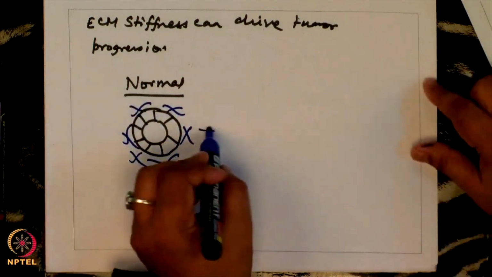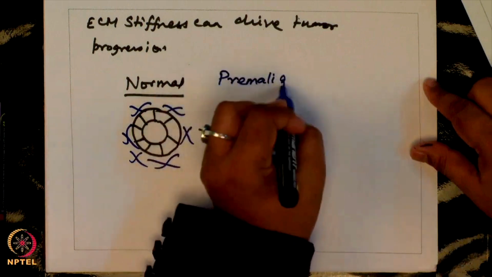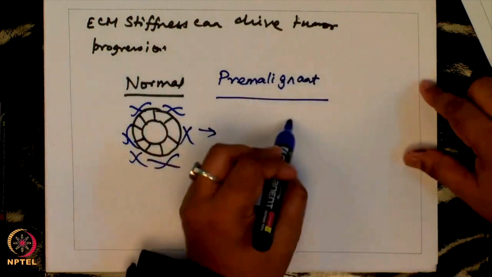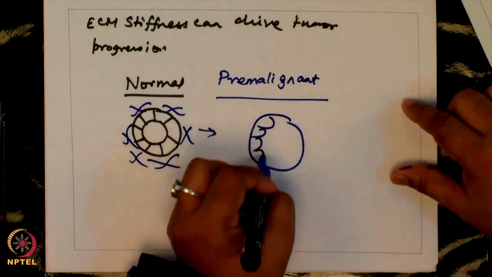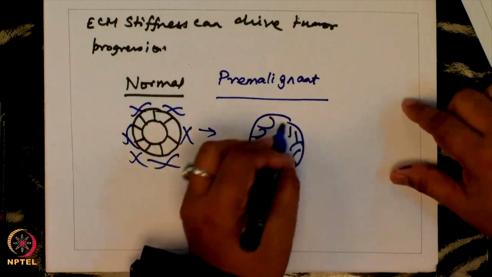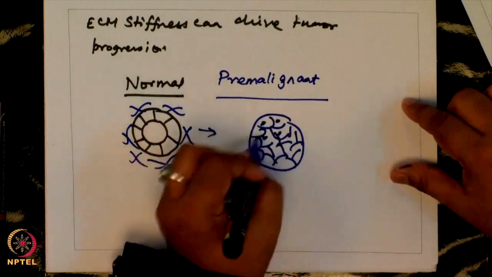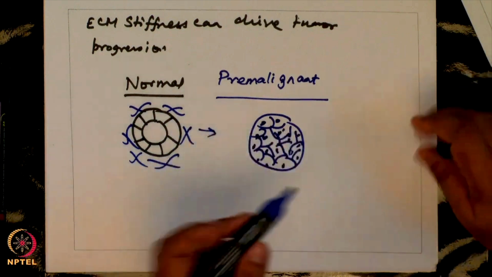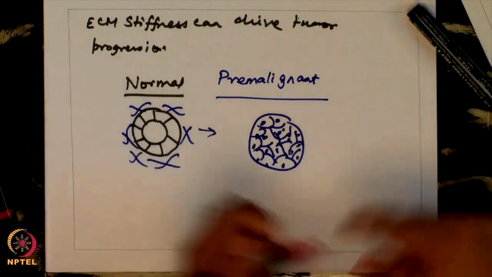When you go to pre-malignant, these cells fill up this entire space, and in these cases you begin to see bundles.